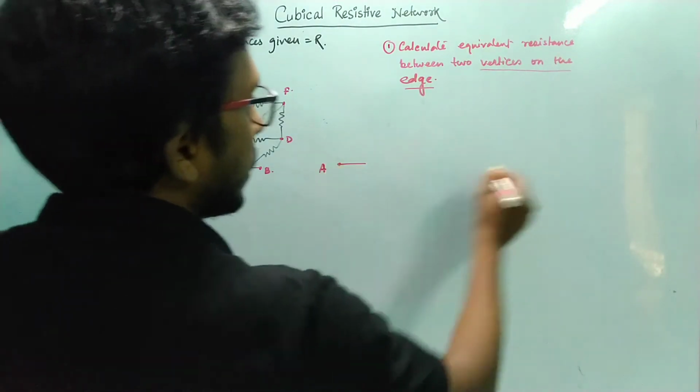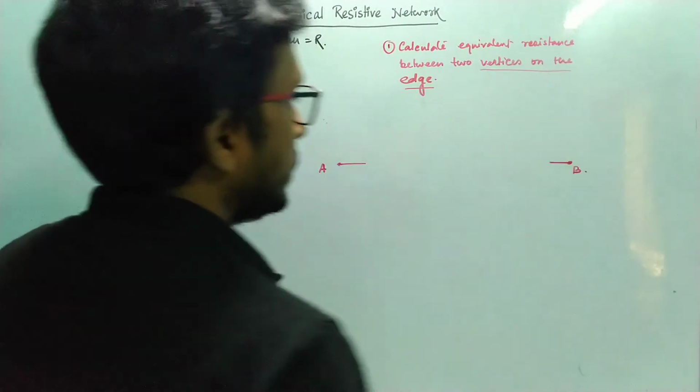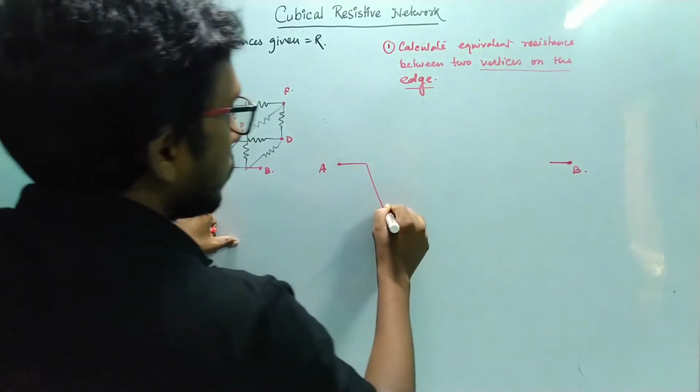This is my A terminal and this is my B terminal. First, I have a resistance between A and B.